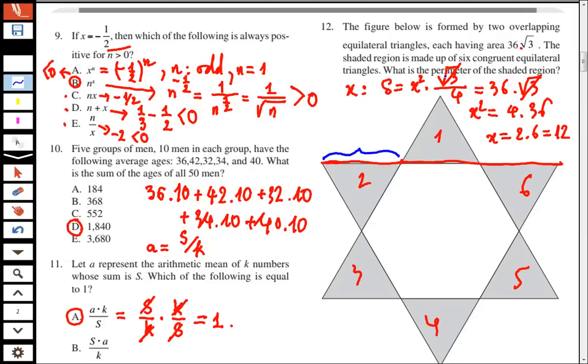Hence, the perimeter of each shaded triangle equals the length of one side of the big triangle.